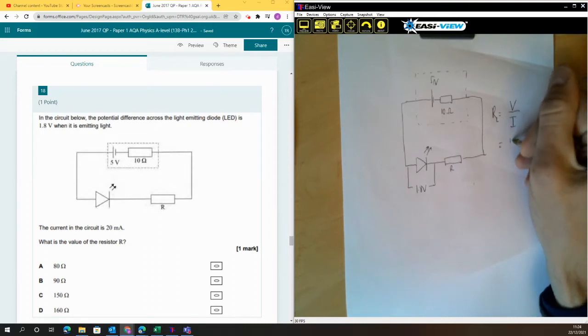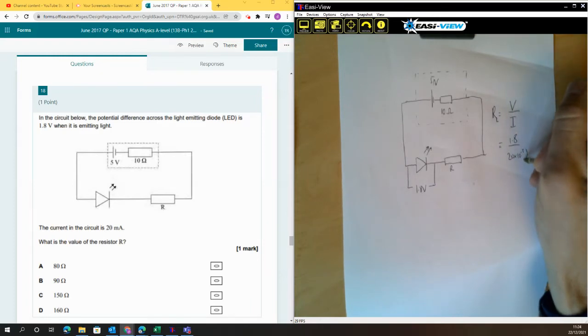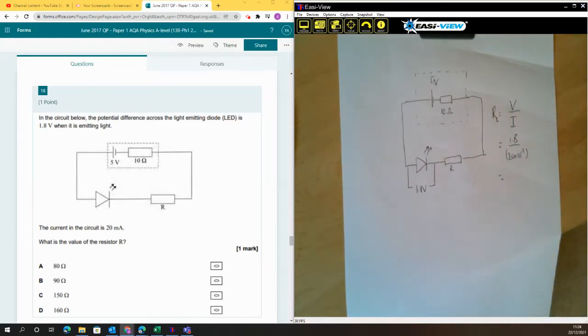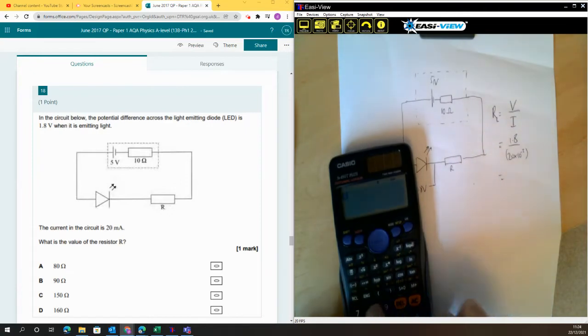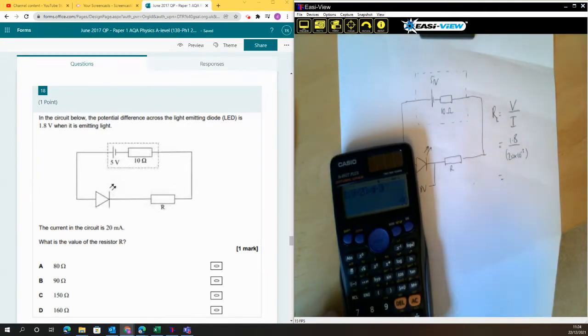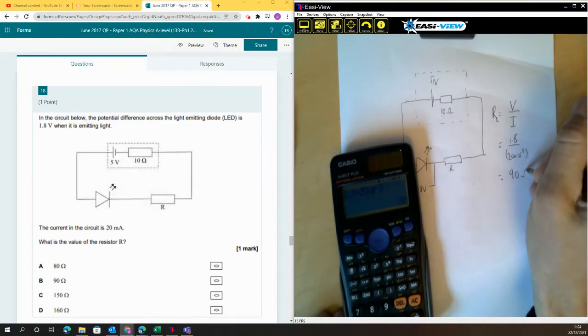The potential difference dropped across it I'm given in the question is 1.8. The current is 20 milliamps, so be careful, it's milliamps. If I put that in my calculator, 1.8 divided by 20 times 10 to the negative 3 to get the milliamps, I get that it's 90 ohms.